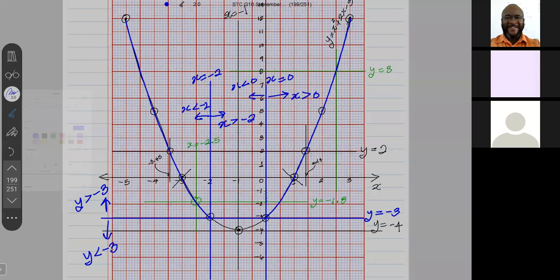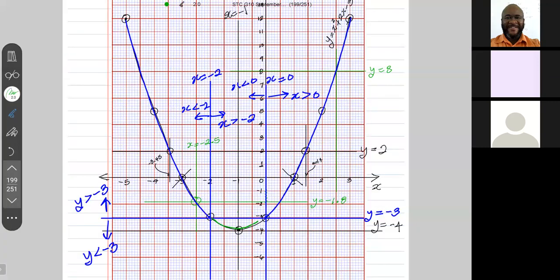This is the region of the graph where y is less than minus 3. So the green region of the graph is where y is less than minus 3, and the blue region of the graph is where y is greater than minus 3.